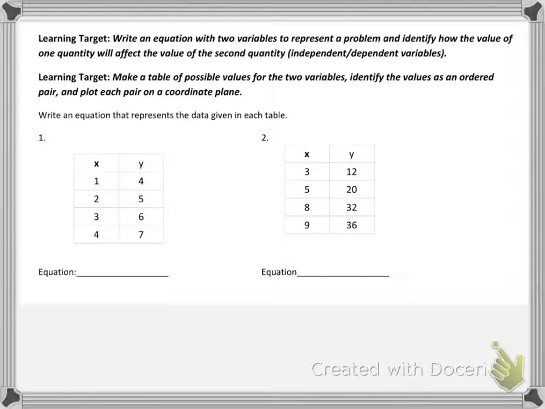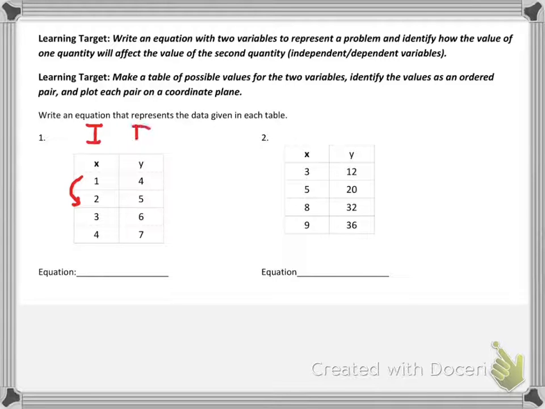Learning target: make a table of possible values. Well, the table's put together for you, so all we have to do is write an equation. I could use the story, but unfortunately there's no story here, so I have to use the table. I look at the independent variable. Remember, the x value is always independent, the first column.